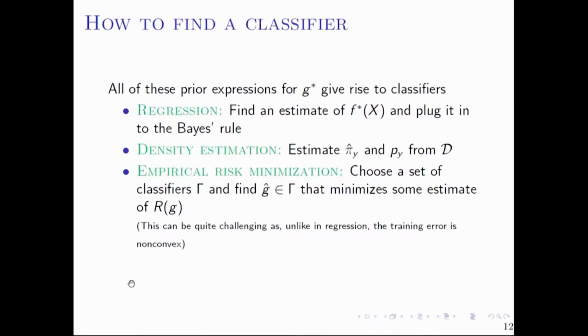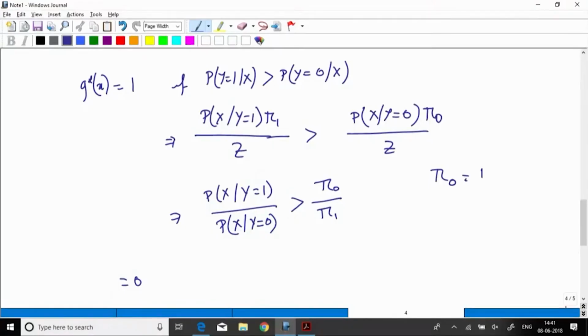So there are many types of models which can, yes, in the last slide, what are we referring to by pi naught and pi 1? Okay, so this is the probability of y equal to 0, sorry.